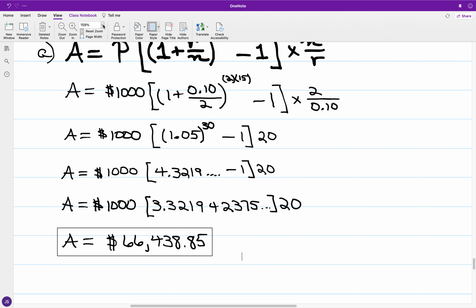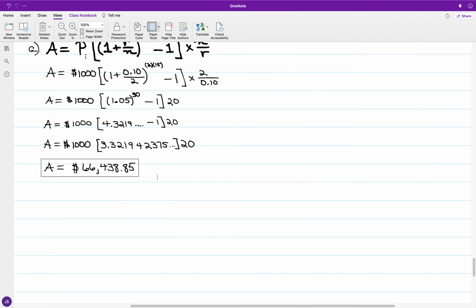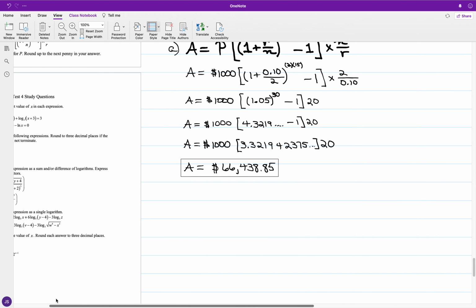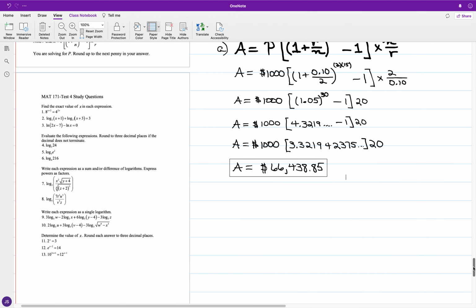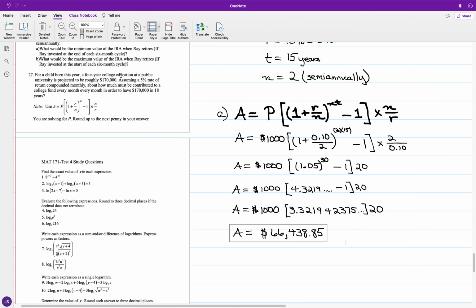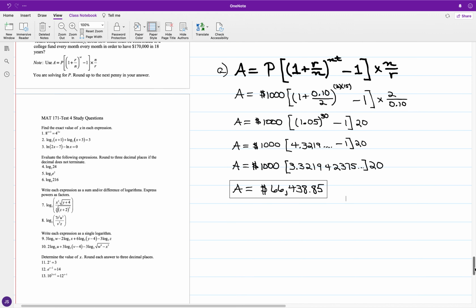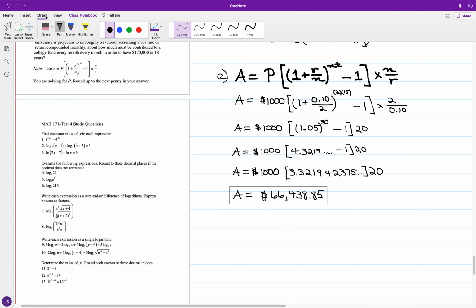Now for the case of the maximum, the maximum is going to be if he invests at the start of each 6-month cycle.